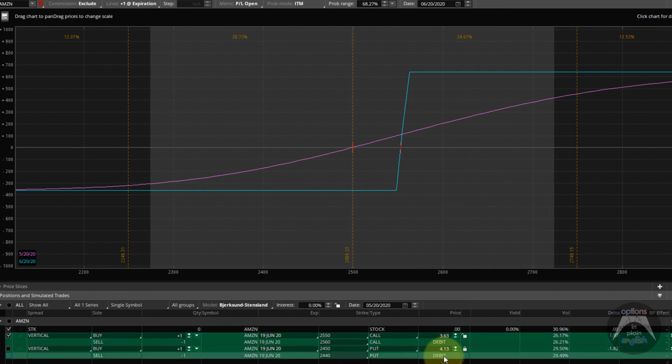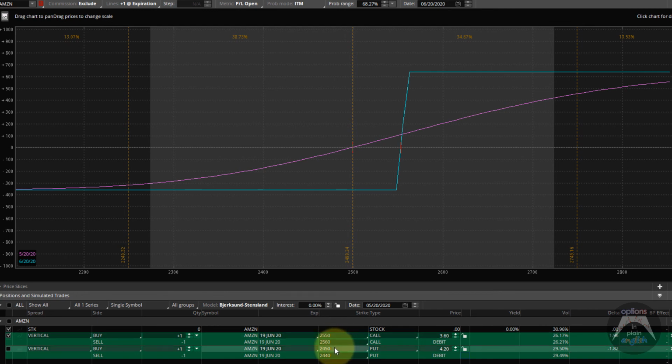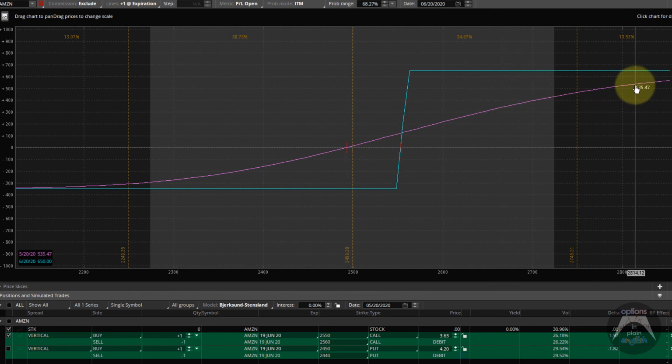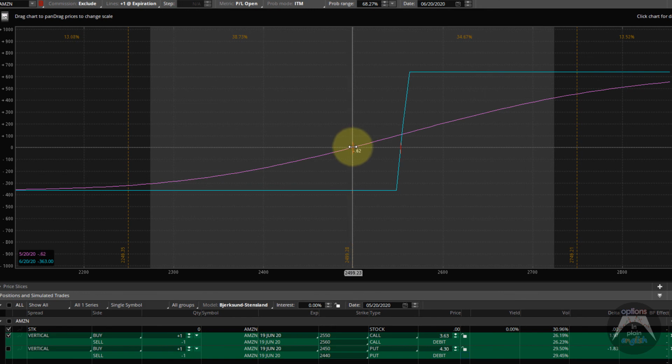So let's analyze. Let's open up the pricing here. Okay, so on the top, we have the long call spread, and on the bottom, we have the long put spread. So as we said, here is the price right now. The purple line is the P&L today. So if today the price were to go very high, you're going to be making this amount of money shown by the purple line.